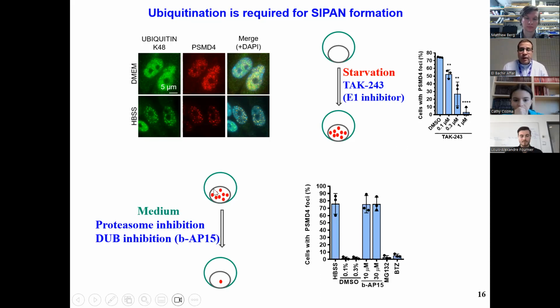In addition, when we take cells with foci and we put either the proteasome inhibitor or a DUB, a general DUB inhibitor, we can see that with the inhibition of DUBs, we prevent the dissipation of these foci.